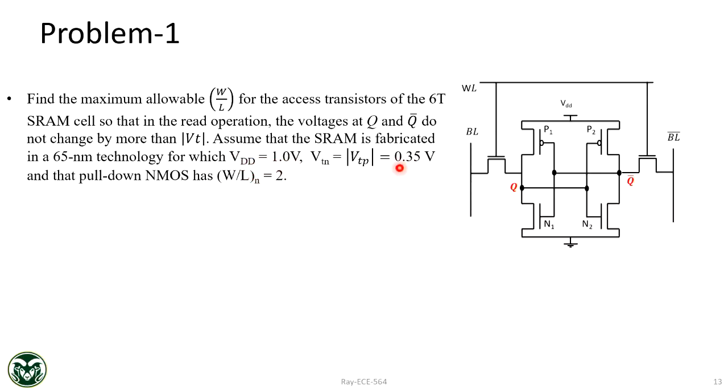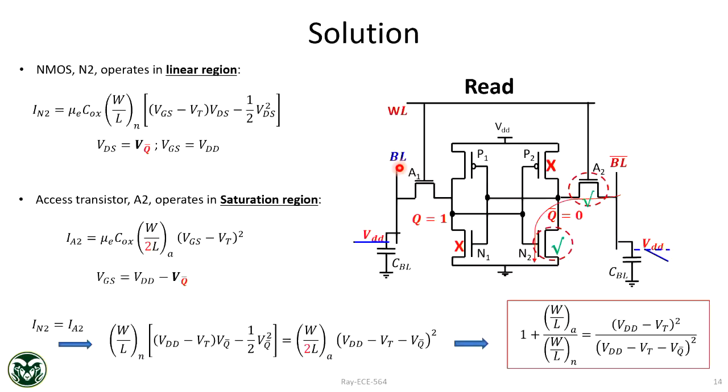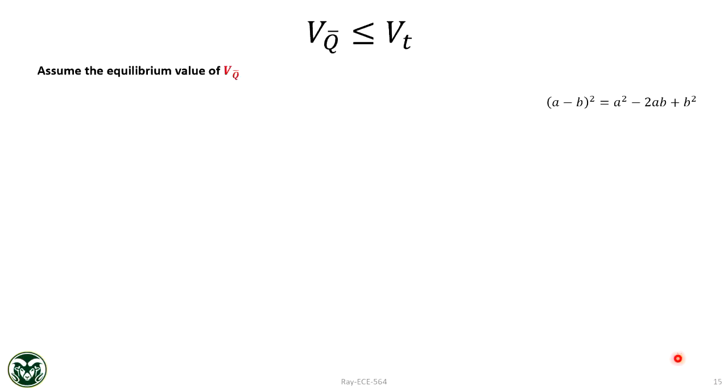Threshold voltage is 0.35. If I put in 1 volt, 0.35, 1 volt, 0.35, what is the VQ bar I should put? VT. That's the only unknown. For this problem, because it's the maximum allowed, the access will force VQ bar to be 0.35. So that's what you need to plug in.